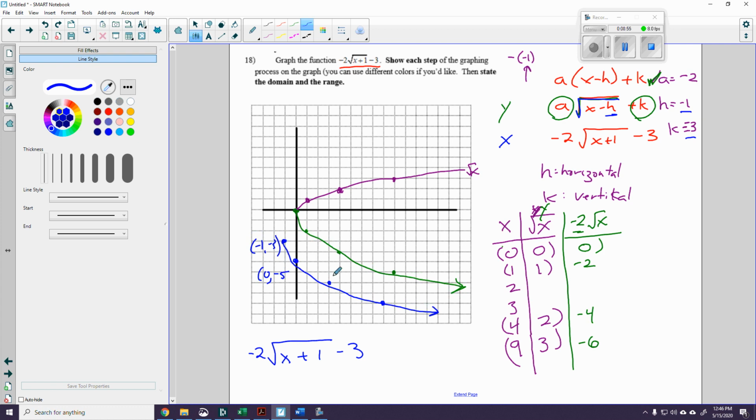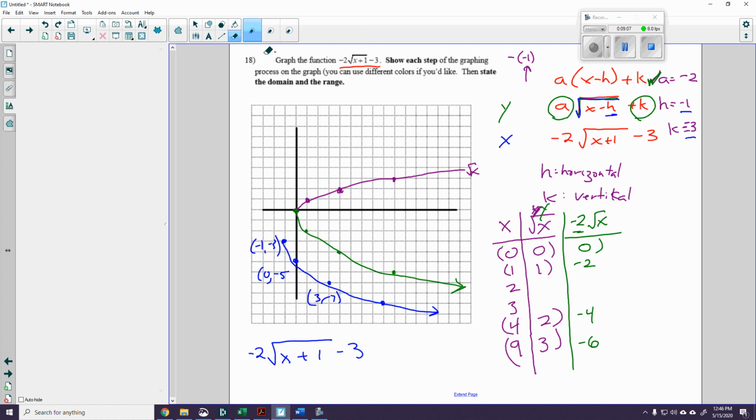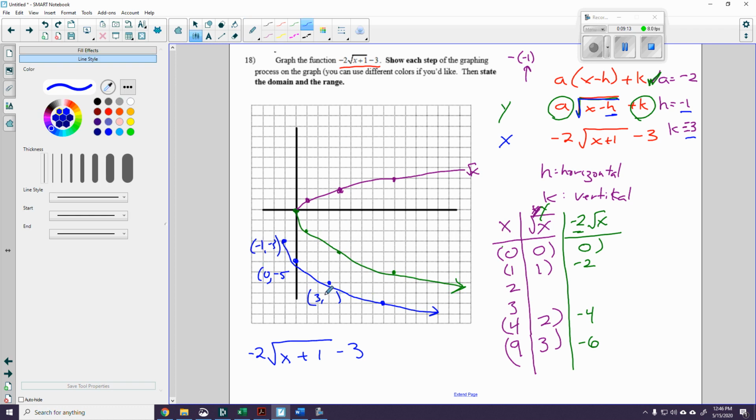This point right here is the point 3, -7. Sometimes it's a little bit hard to write on these things. And then this point right here is going to be the point 8, -9. So I've labeled some of the points.